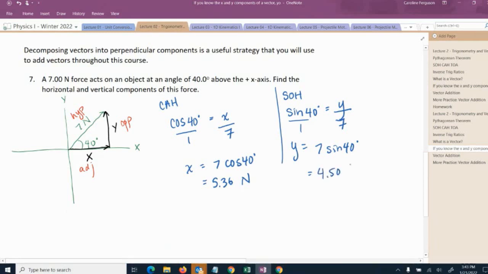If I want 2 decimal places, I would round that to 4.50 newtons. Okay, so we're going to practice doing this. We're not going to do it straight from SOHCAHTOA every time. We're going to go right down to the answer now. If we're looking for the adjacent side, it's going to be hypotenuse cos of the angle. If we're looking for the opposite side, it's going to be hypotenuse sine of the angle. Okay, go straight to that.